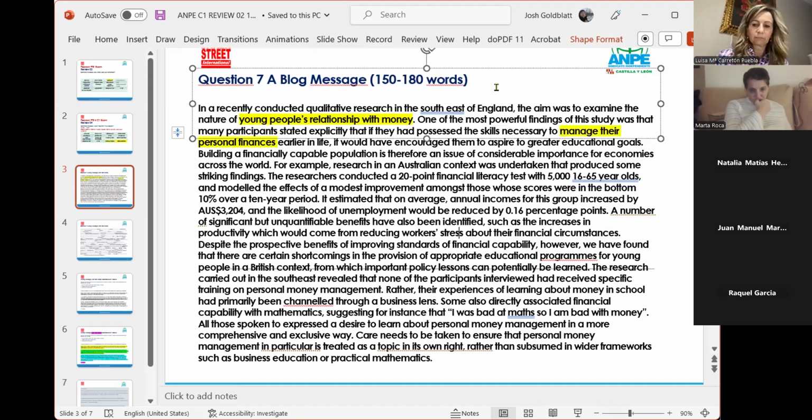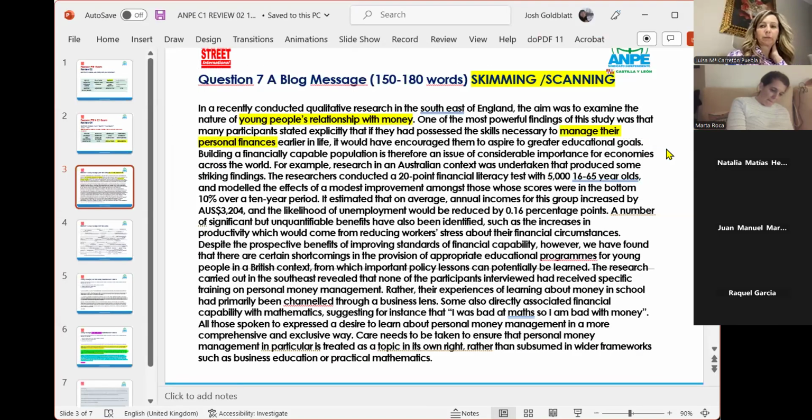Great. So what we're doing is what we call skimming and scanning. Those are two terms which we need to understand. Skimming is like the bee, who goes over all the little flowers just to see if there's anything interesting.